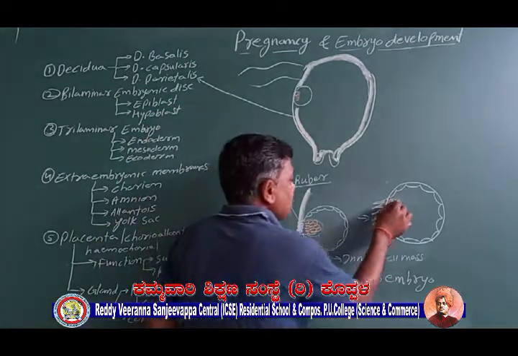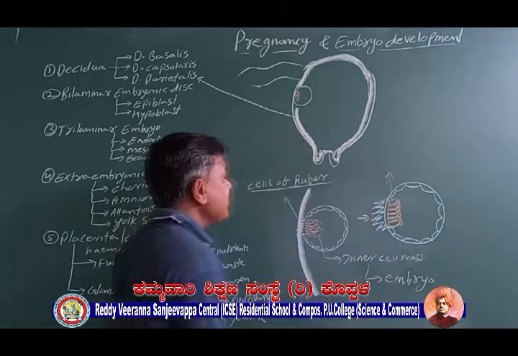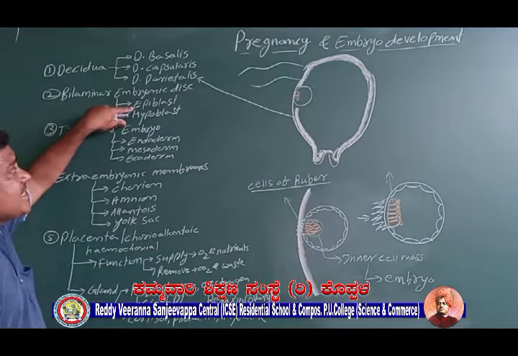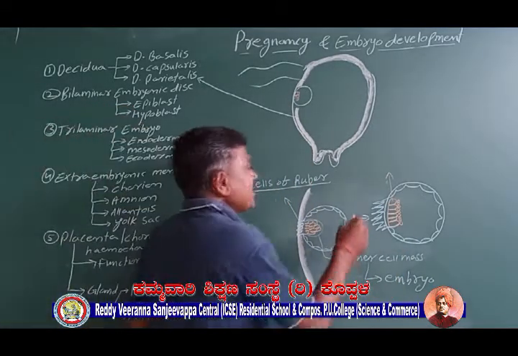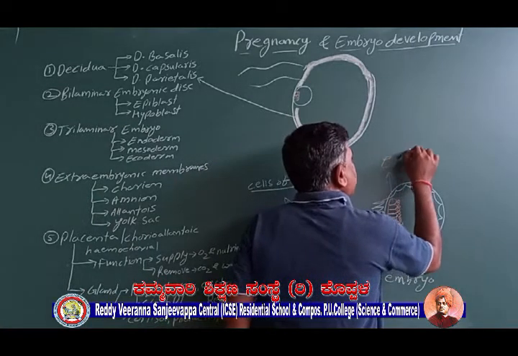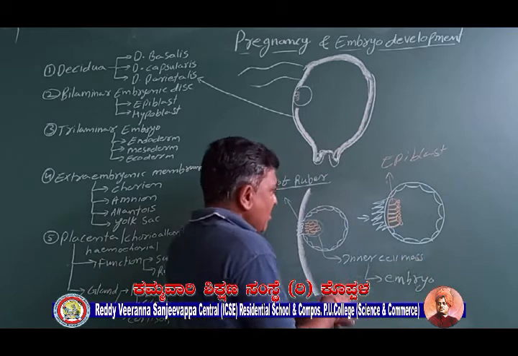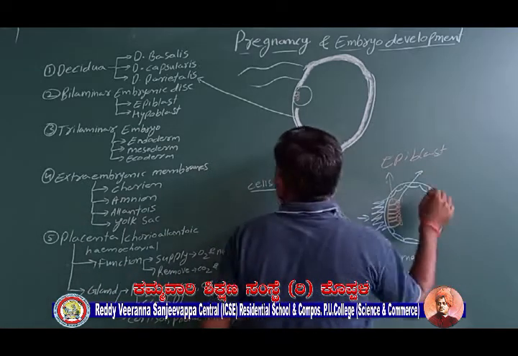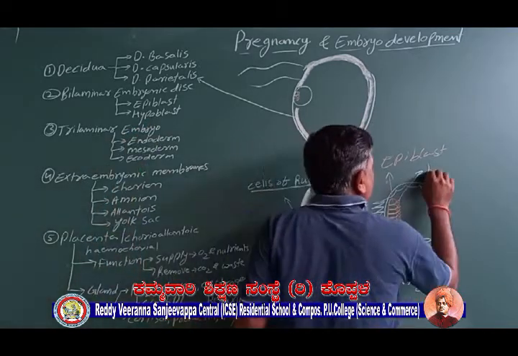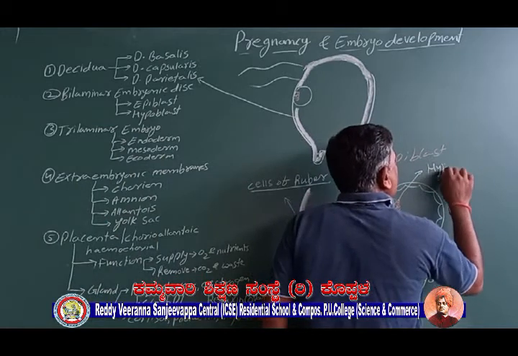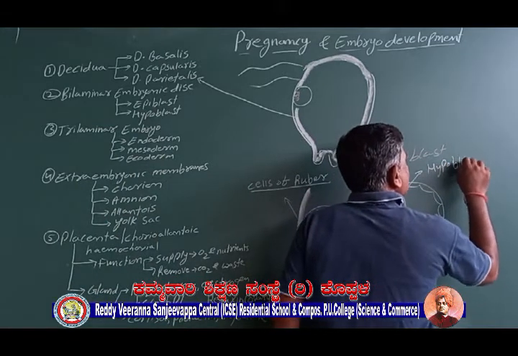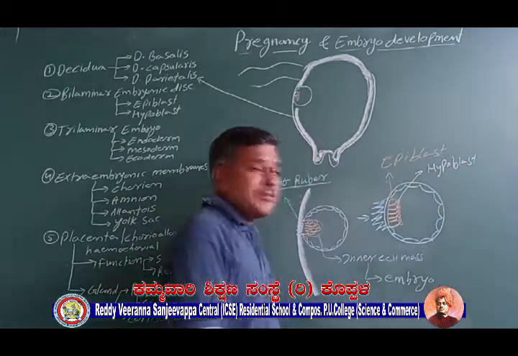Now the first layer which is formed is called epiblast, and the second layer is called hypoblast. So what happened?